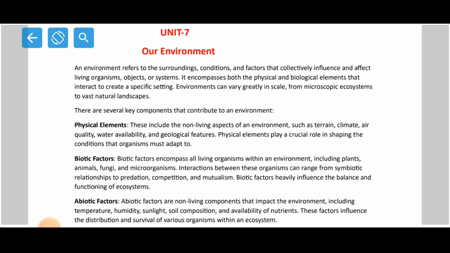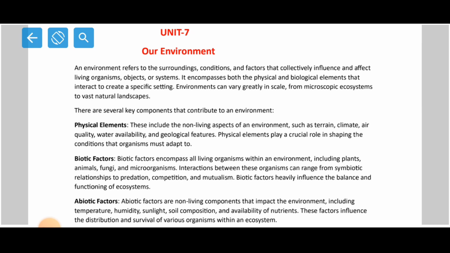There are several key components that contribute to an environment. So an environment is composed of various components. Let us discuss them one by one. Physical elements: what are these physical elements? These include the non-living aspects of an environment, such as terrain, climate, air quality, water availability and geological features.